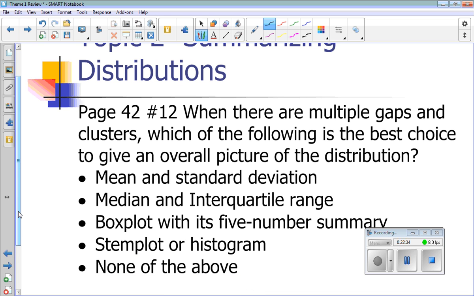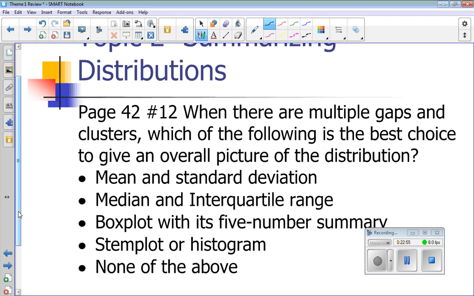When there are multiple gaps in clusters, which of the following gives the best overall picture of what's happening here? If we know there are multiple gaps in clusters, maybe even an outlier or two, we want a best overall picture.